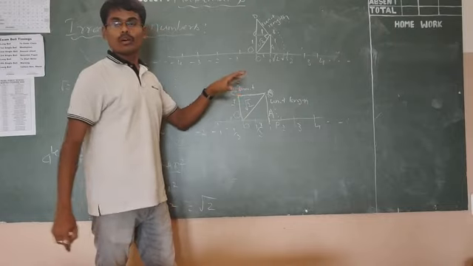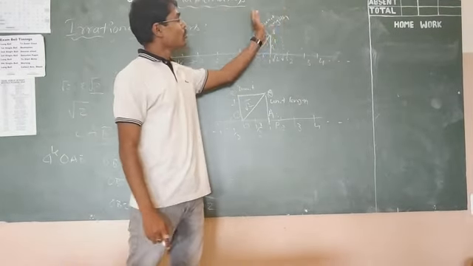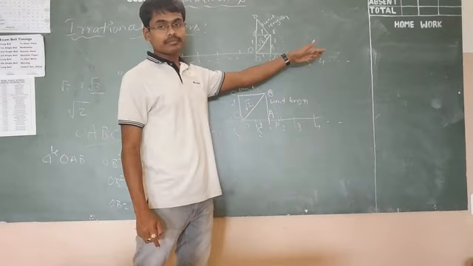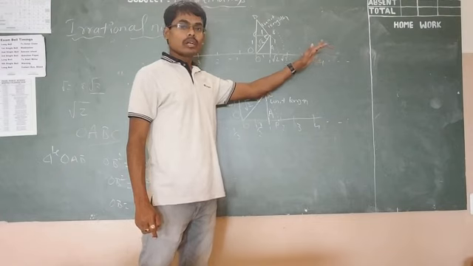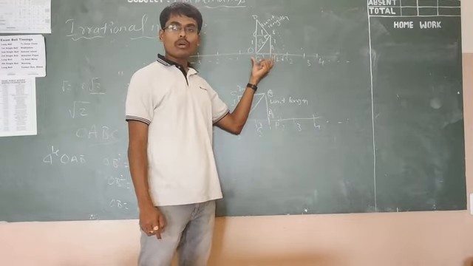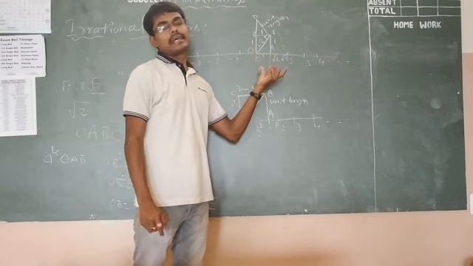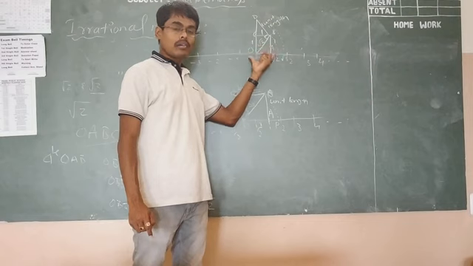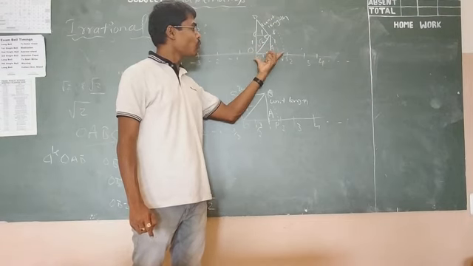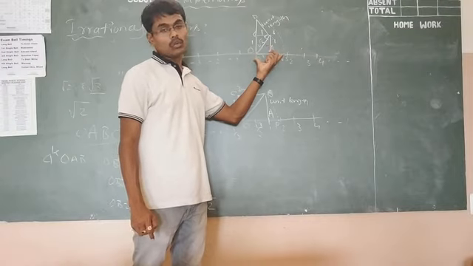This is how you represent root 2, root 3, and next come root 5, root 7, like that. The arc will move forwards, and when you measure the length from the starting point to this one, you will get the exact value of root 2. Like that, when you measure the length from 0 to this point, you will get the root 3 value.